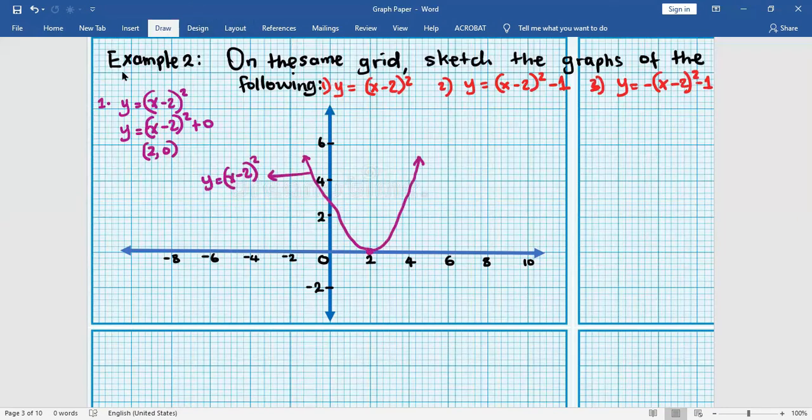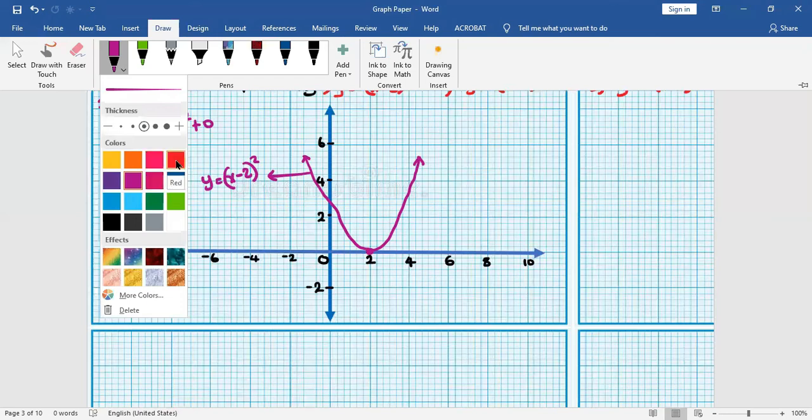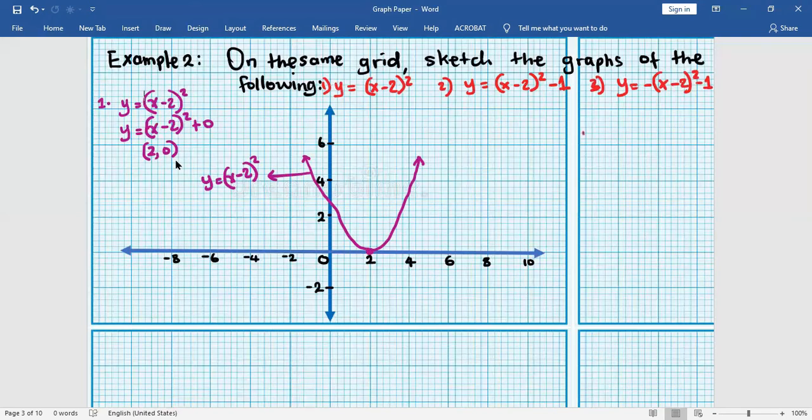Okay, now let's see part 2. In part 2, we have y is equal to (x minus 2) squared minus 1. So here the vertex is, remember this is minus 2, so it will be plus 2, then minus 1. So (2, minus 1), this is 2, and minus 1 is around here.